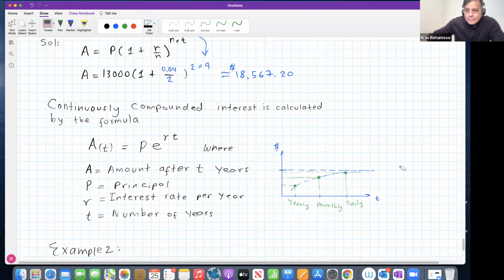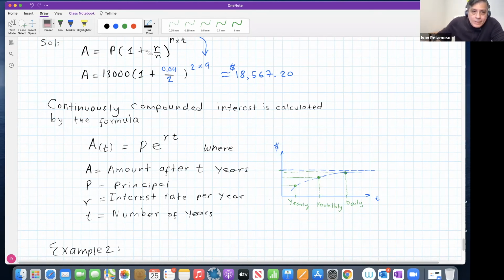So this growth is just this: the principal multiplied by e raised to RT, okay? It acts like an upper bound, a limit of the growth here, right?